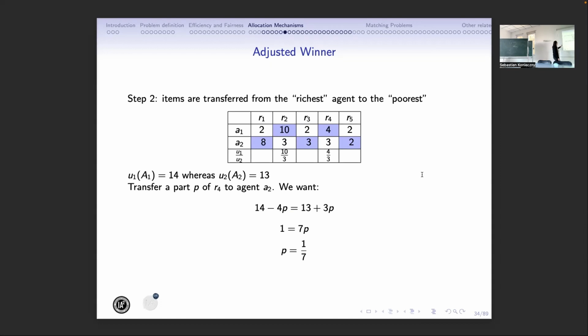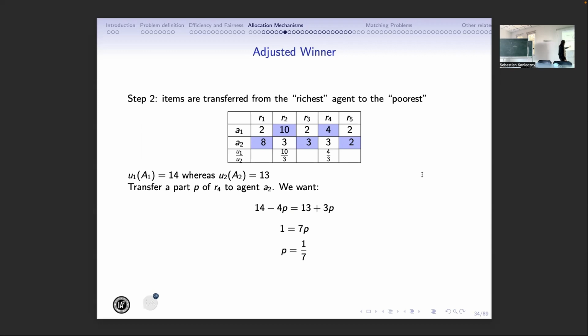We then obtain a utility of 14 for the first agent, and a utility of 13 for the second agent. So we have almost the same utility, but they are not equal. So we have to transfer one resource from the first agent to the second agent.